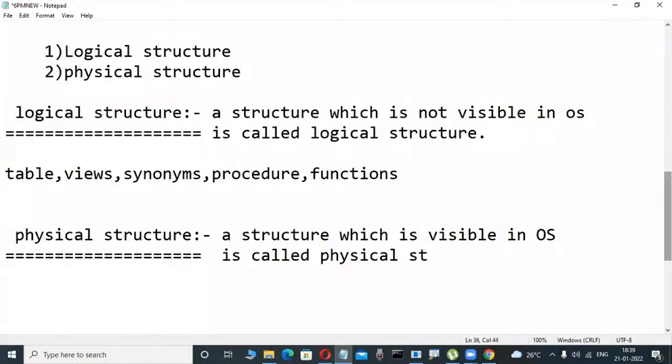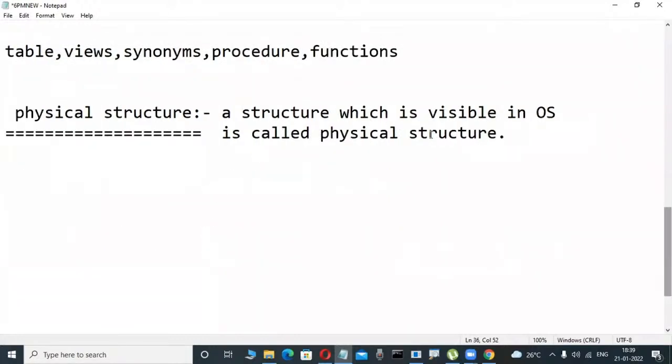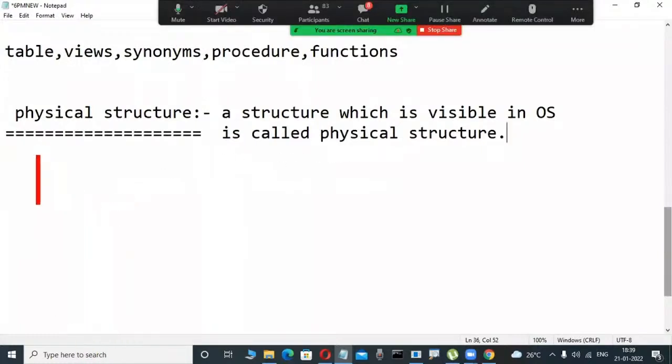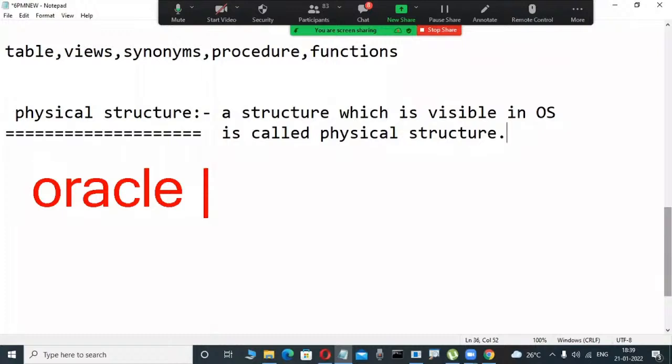Who are the persons working in this physical structure? It's a big concept. I'm telling the definition side only, because today I'm telling you which definition of database is correct. A structure which is visible in the operating system is called a physical structure. Suppose you install software such as PowerPoint, MS Access or Word, physical files are created on the disk. Same way, Oracle is a relational database software, like MySQL and SQL Server.